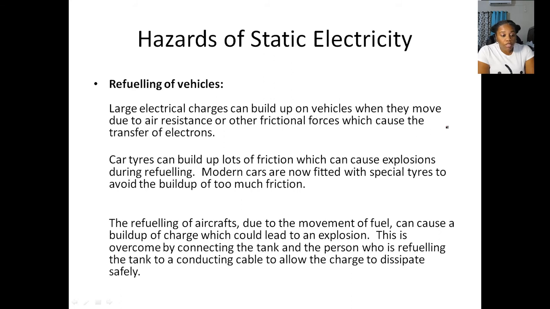The refueling of aircraft, due to the movement of fuel, can cause a buildup of charge which could lead to an explosion. This is overcome by connecting the tank and the person who is refueling the tank to a conducting cable to allow the charge to dissipate safely.